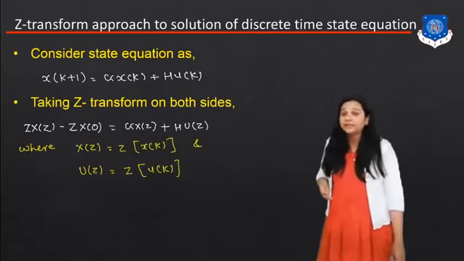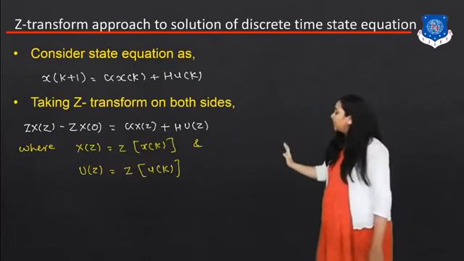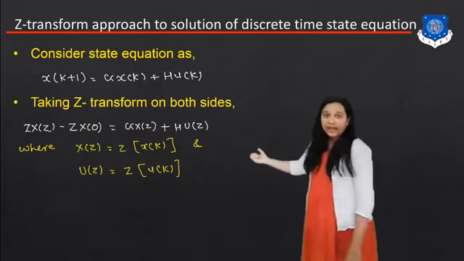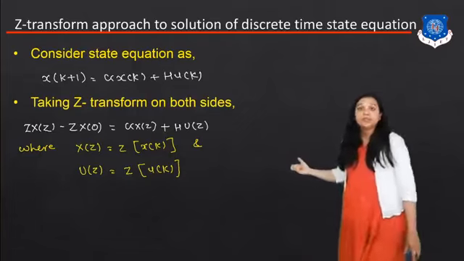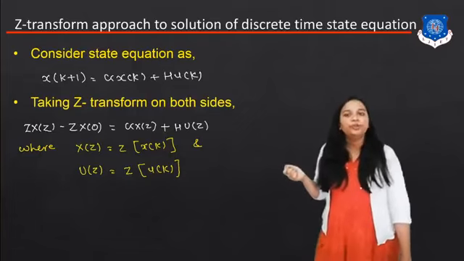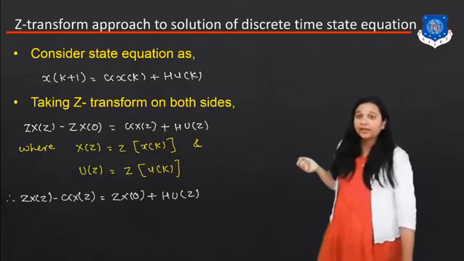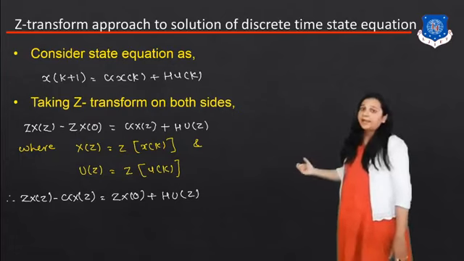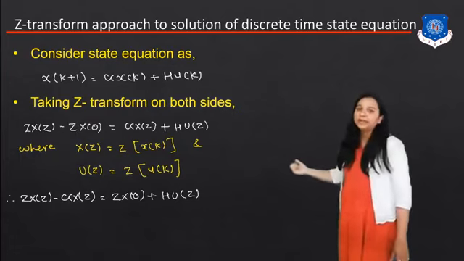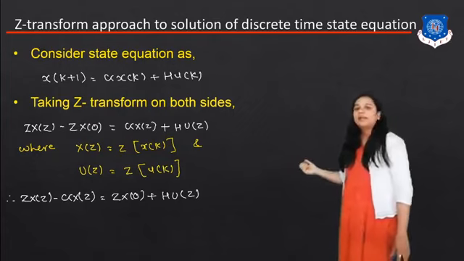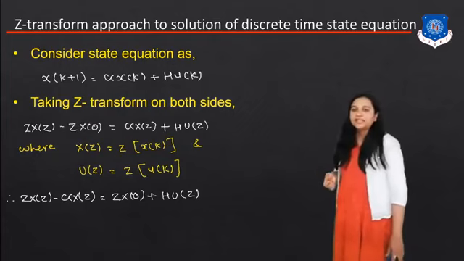Now here you can see that X of z is nothing but the z transform of x of k, and U of z is nothing but the z transform of u of k. Okay, so we get z X of z minus G X of z is equal to z X of 0 plus H U of z.